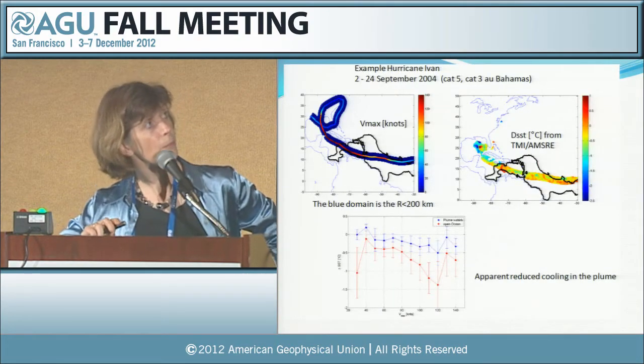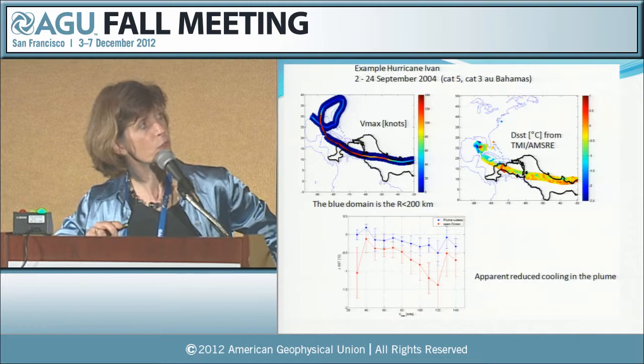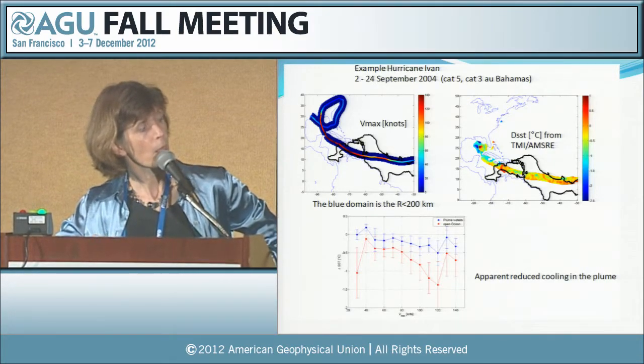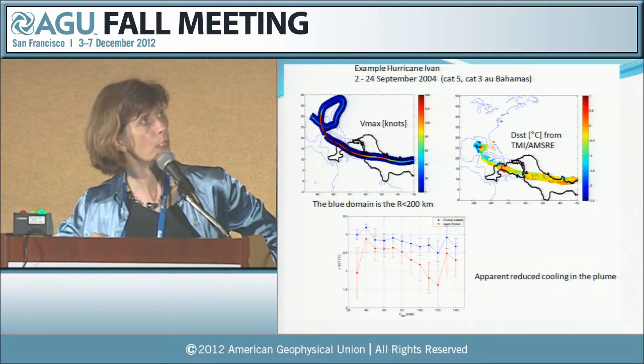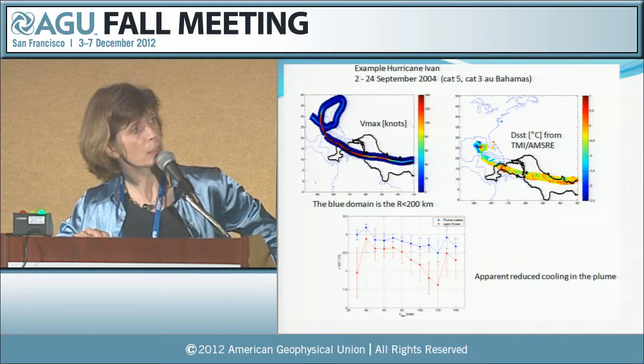This is an example of Hurricane Ivan in 2004. You see here the speed of the cyclone, and this time the speed of the cyclone increases when it crosses the Amazon plume. But even if it was different from the Igor hurricane, the cooling in the plume waters, shown in blue here, was smaller than the cooling observed over the open ocean.